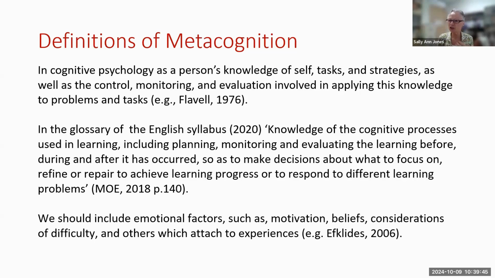And that's the definition largely that our 2020 syllabus follows in their glossary. But even the definition in psychology has been expanded to include metacognitive experiences, which adds affective factors such as motivation, fear, mindsets even, about metacognition.